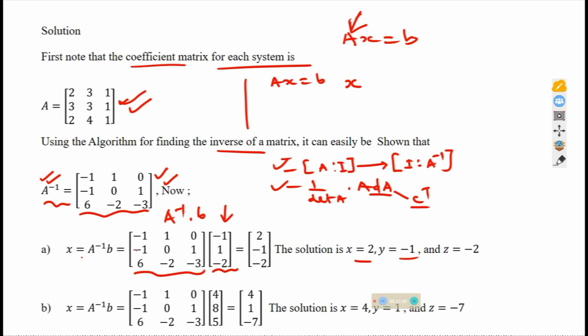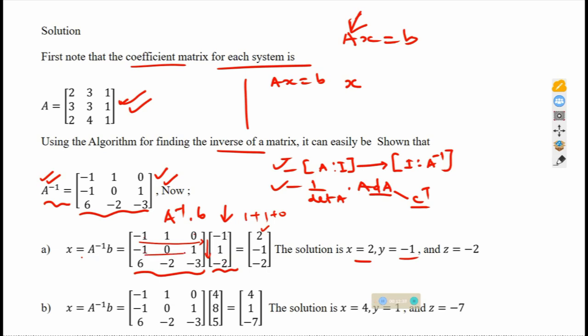So having got the A inverse, simply multiply it with the matrix of constant terms, which is -1, 1, and -2. You know how to multiply matrices? Multiply row by column. So this is -1 times -1, it will give us +1, plus 1 times 1, it will give us 1, plus 0 times -2, which is 0. So that's why we have these two.